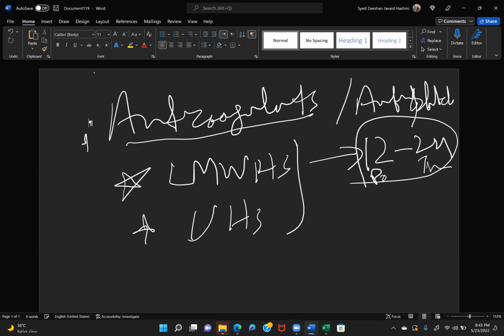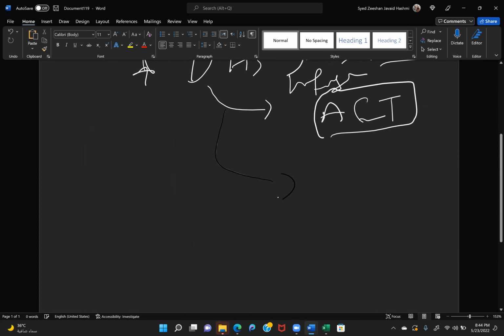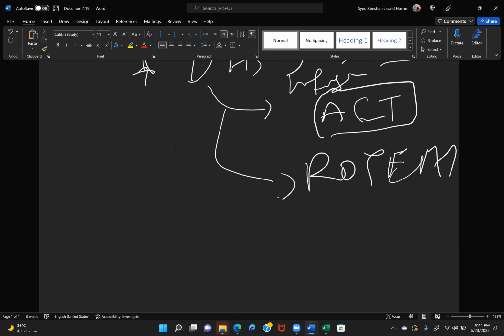You have to stop it 12 hours before for prophylactic, or 24 hours for therapeutic. For unfractionated heparin, stop 4 to 6 hours before. Even if it is an infusion, you can stop 4 to 6 hours before. For unfractionated heparin, you can do ACT or ROTEM to see whether its effect is finished or not.